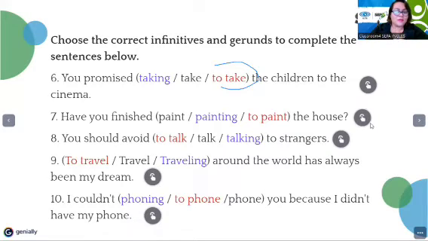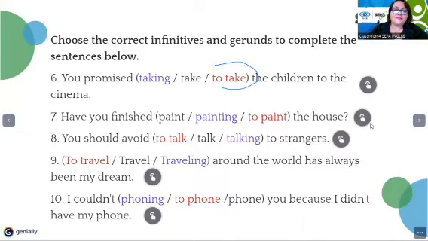This time, what I want you to do is to read the sentences carefully, and then we are going to answer, of course. But please, analyze them, check if you have those verbs in your notes, or try to differentiate them using the structure or all we have studied here.